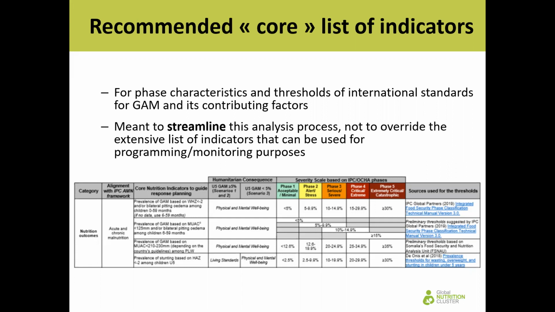So we do have quite an extensive table at hand, and I invite you to review it with your in-country colleagues to see which indicators will be most appropriate for your sectoral analysis, but also which ones would serve to contribute to the JIAF analysis based on their scope of analysis as well. Next slide, please.